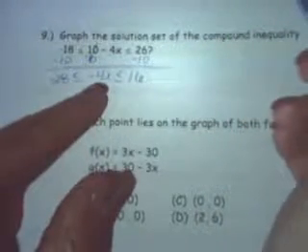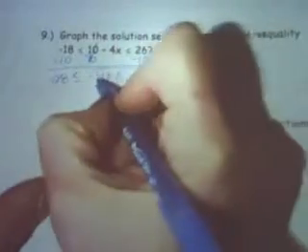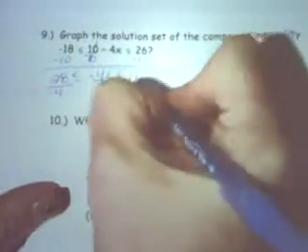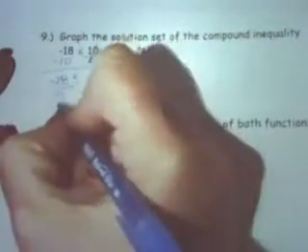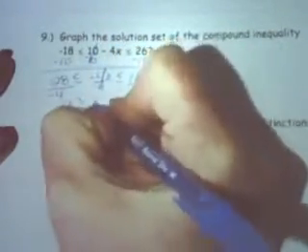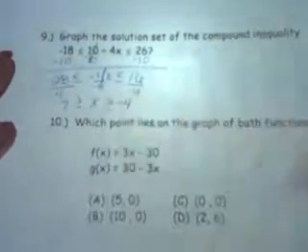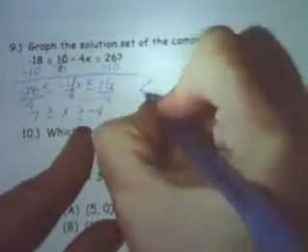Now to get x by itself, I see I want to divide by negative 4 on each side. And remember, when you're dividing by a negative number, you're going to flip the symbol. So I'm going to have 7, flip my symbol, x, flip my symbol, negative 4. Okay? Now we're just going to graph this, and we're going to graph it on a number line.